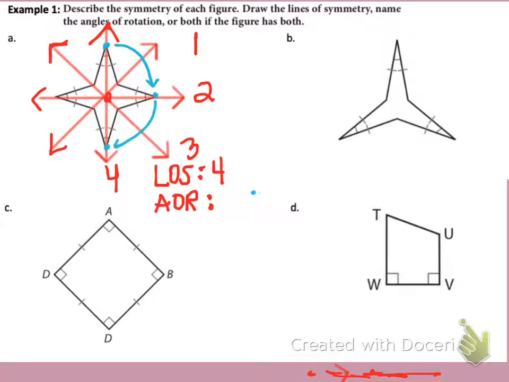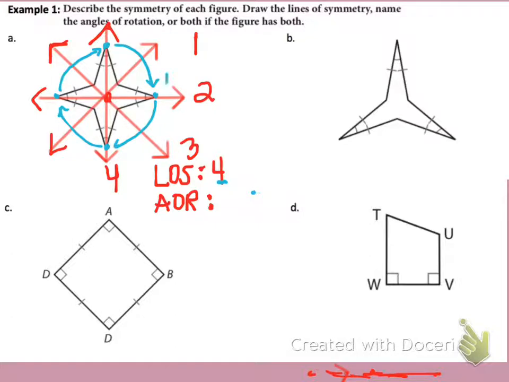It would land on itself, since those angles and the sides are the same, and then back around one more time. It actually makes kind of a cool design when you draw all this in. And so you can tell that this figure maps onto itself 4 times.